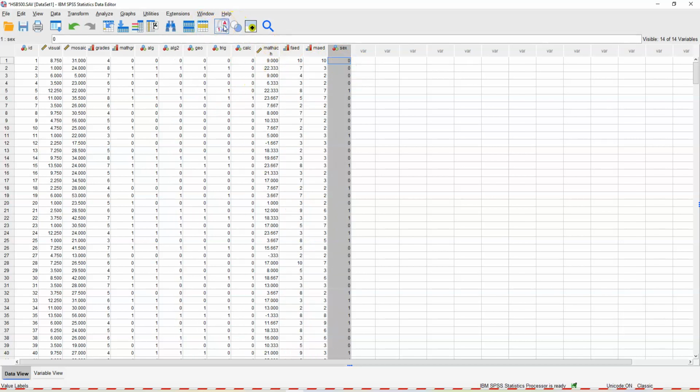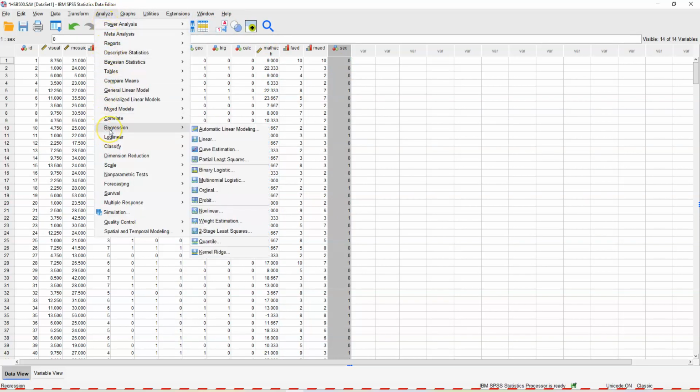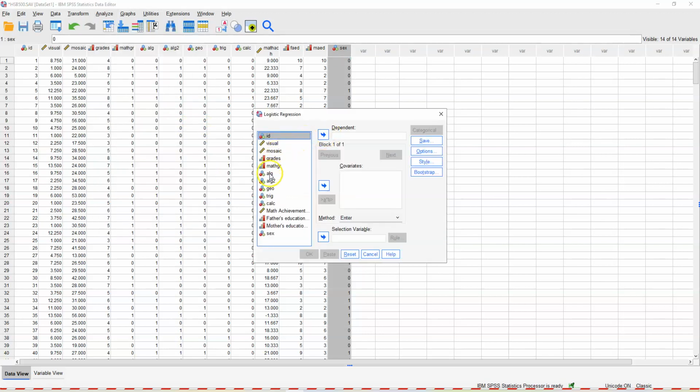Okay, let's do our analysis. We'll go here, regression, binary logistic. For outcome, we're going to put calculus, dependent.